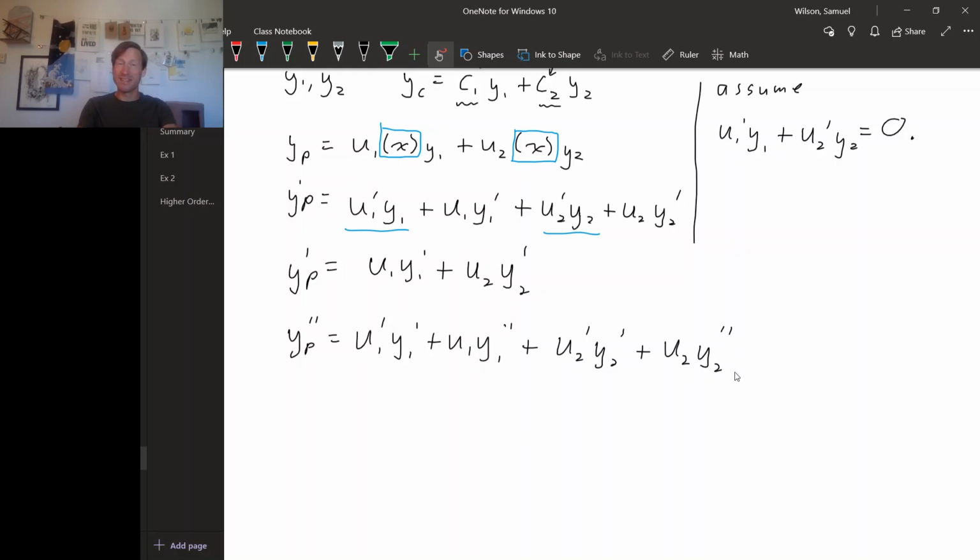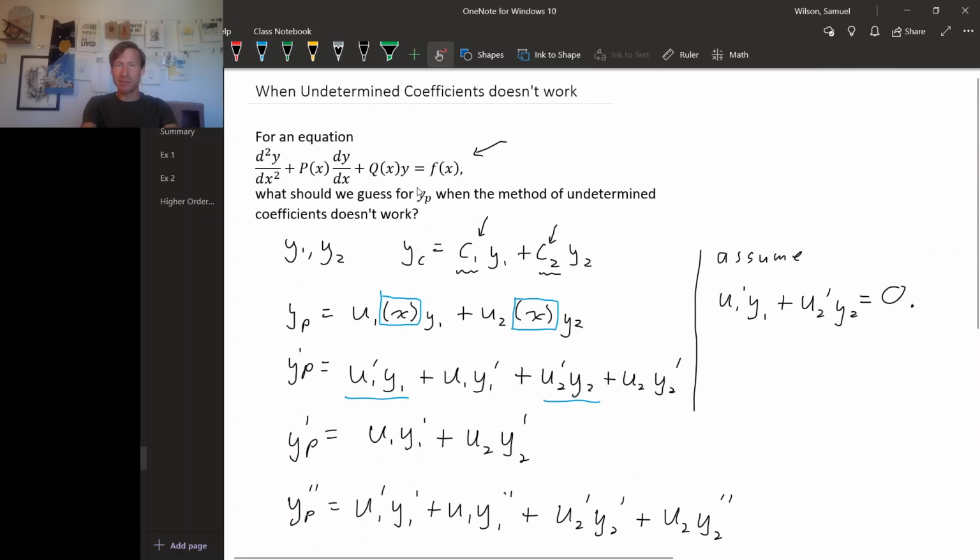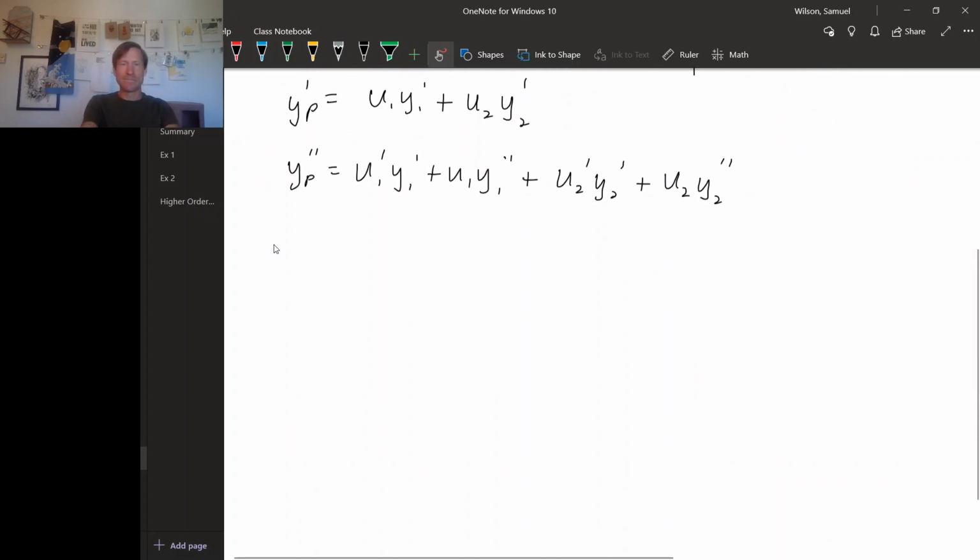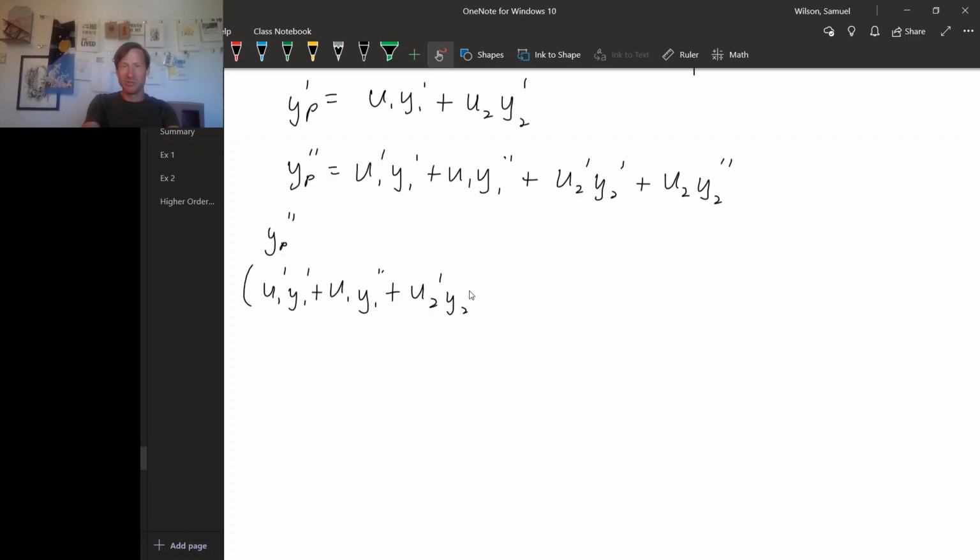Okay, now we can plug our derivatives for y sub p into the original differential equation up here. So the second derivative of y sub p is u1 prime y1 prime plus u1 y1 double prime plus u2 prime y2 prime plus u2 y2 double prime.